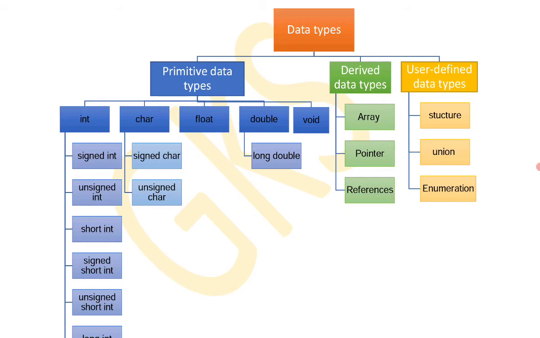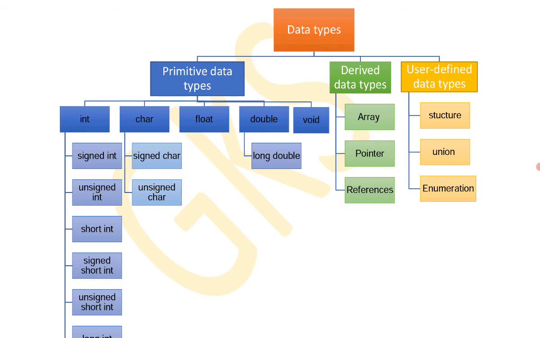Primary data types are the main data types, generally used to define variables in different ways, to store different data or information in various variables.